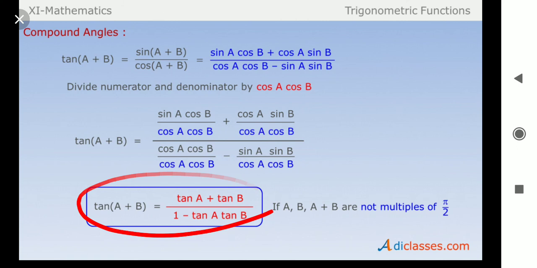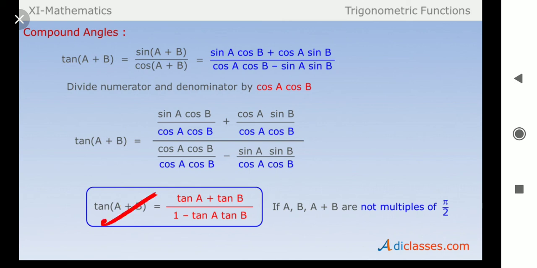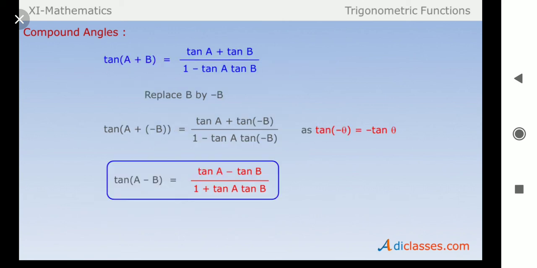Suppose we have to find the value of tan(A-B). Then how will we do it? Again we will do the same process: replace plus B with minus B. If we get the tan(A+B) value, we just replace B by minus B. Wherever there is B, we write minus B. So minus will come out.